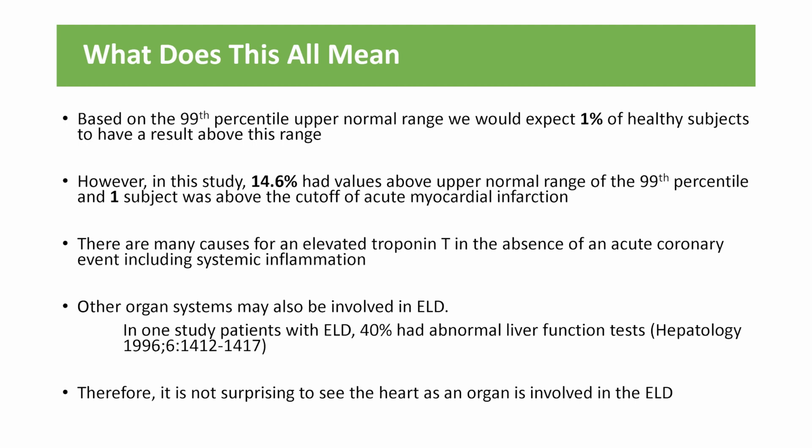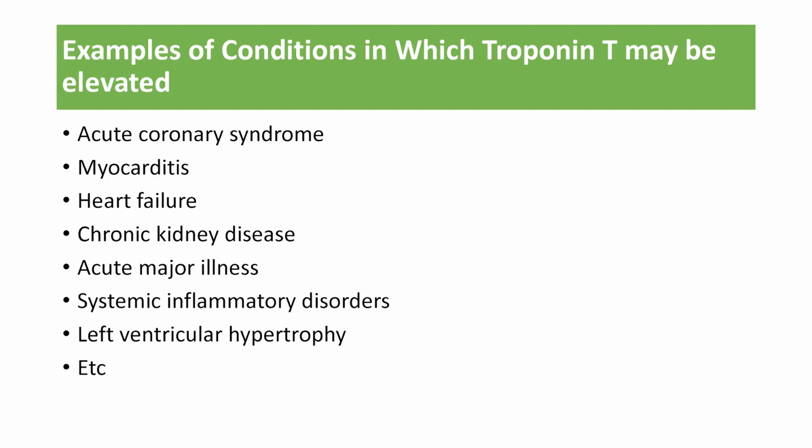Therefore, it is not surprising to see the heart as an organ involved in early Lyme disease. Examples of conditions in which troponin T may be elevated: acute coronary syndrome, myocarditis, heart failure, chronic kidney disease, acute major illness, systemic inflammatory disorders, left ventricular hypertrophy, etc.